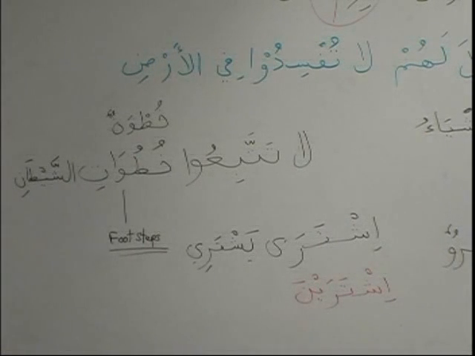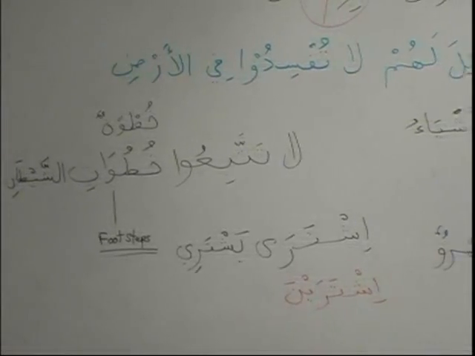At least one thing is very easy. What is that? Five in your pocket. That's very easy. Okay? So brother, yashtari, he purchases. Tashtari, she purchases. And tashtari, you are purchasing. Ashtari, I am purchasing. Nashtari, we are purchasing. So brothers and sisters, yashtari, tashtari, ashtari, nashtari. Got the idea, brothers and sisters?